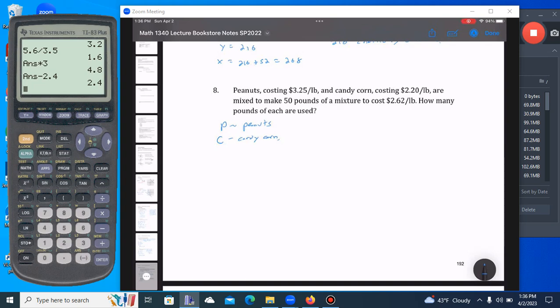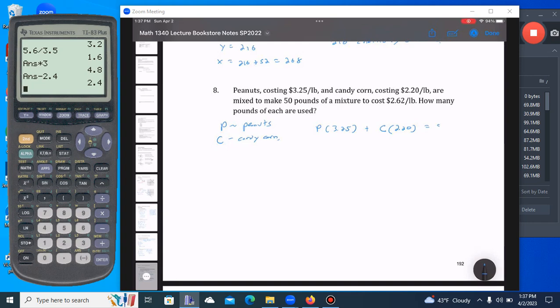Right, so P pounds times 3.25 a pound is how much you'll have in peanuts, plus C times 2.20 a pound is how much you'll have in cost of candy corn. And that has to equal 50 pounds of a mixture that costs $2.62 per pound.